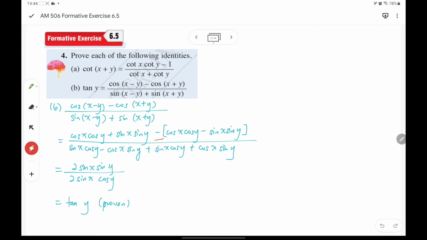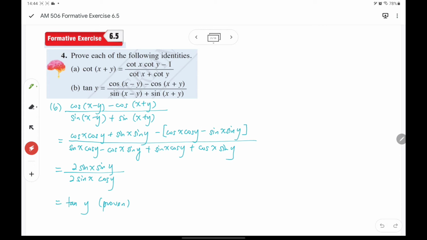And then minus cosine of x plus y, so in the bracket we have cos x cos y minus sine x sine y. Then divided by the expansion of the addition formula for sine. We have sine x cos y minus cos x sine y plus sine x cos y plus cos x sine y. So on top, the numerator, can we simplify?